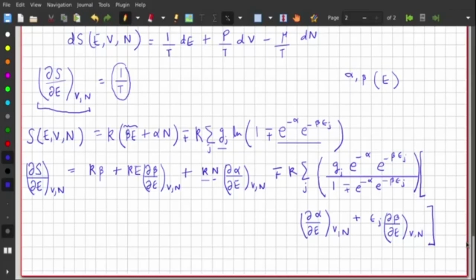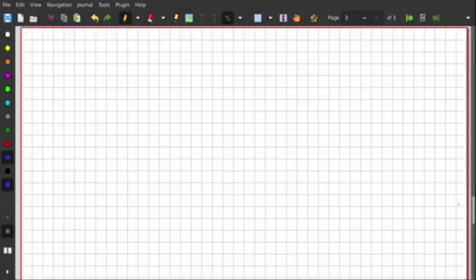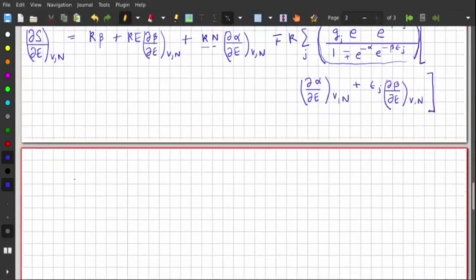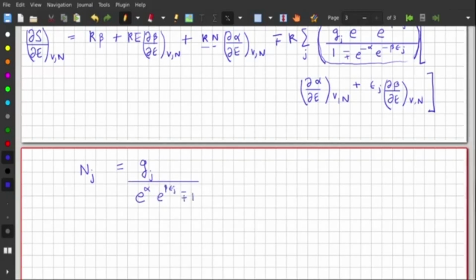So if you see now, this is the massive term, but if you realize, this term we know actually from before. If you recall, for BE and FD statistics, the equilibrium particle distribution is given by Nj is Gj by e to the power alpha e to the power beta epsilon j minus plus 1.